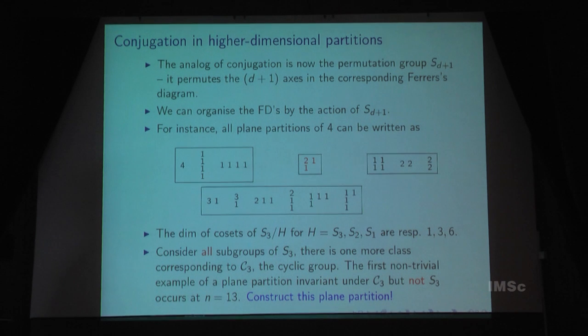But when you take 4, you will miss one group, it's called C3, and if you ask when you can find something which is invariant under C3 but not S3, you will find it first at n equal to 13. And homework, construct that plane partition. It's not hard.